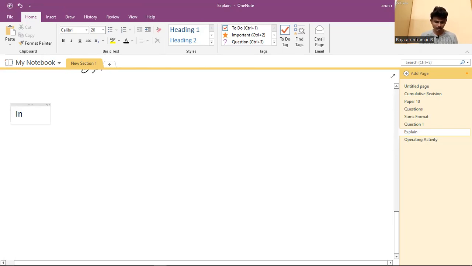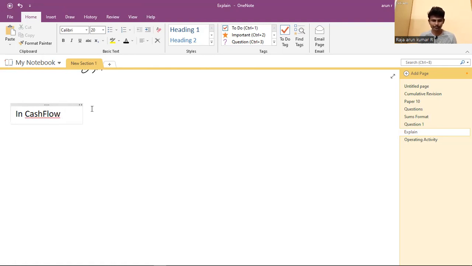In cash flow statement, note it down if you want. Cash flow statement, only cash items we take.